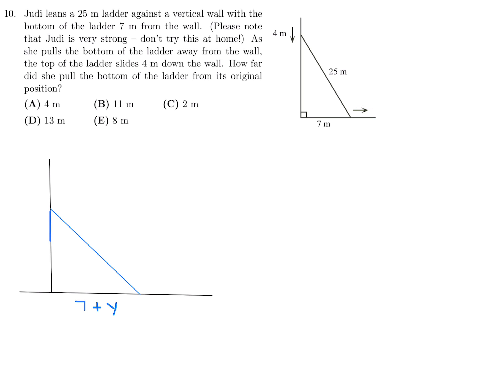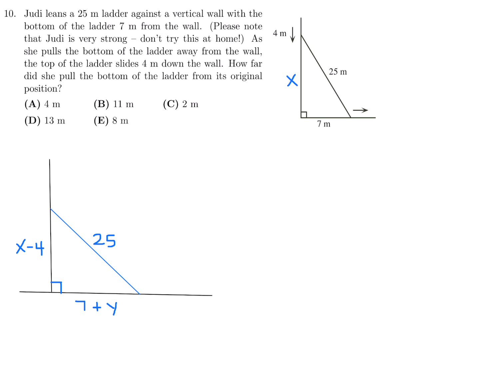And then this top and bottom distance, I don't know. I also don't know this top to bottom distance, but I guess I'll just call that x. And then they tell you that it moves down 4. So in this scenario, it would basically be x minus 4. And of course the ladder is 25. And this is of course a right angle. So we got 2 right angles, 2 Pythagorean relationships.